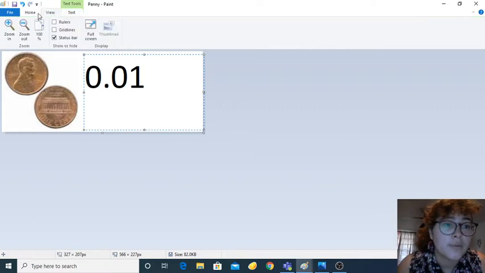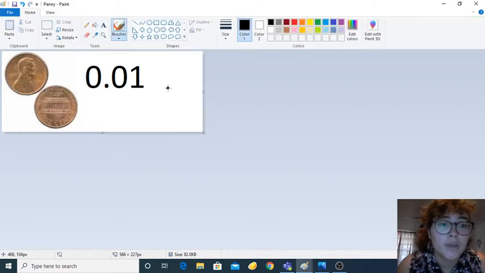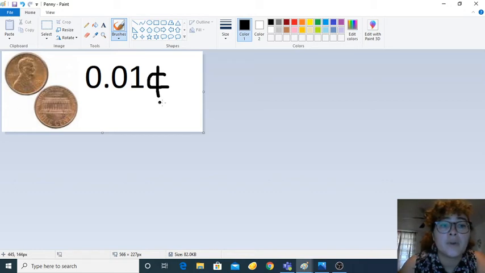I'm going to go back over here, get my brush, and create it. As I told you guys, even though you could do it sideways or straight down, it's still going to be the cent symbol. Okay, I'm going to do it straight down. So remember, a penny is worth 1 cent, okay?